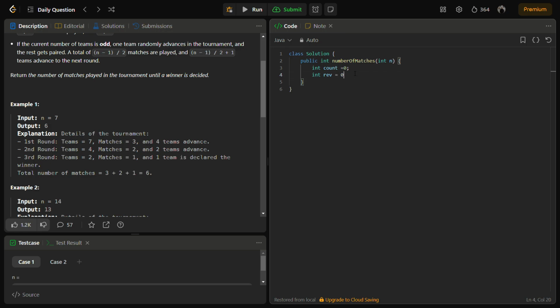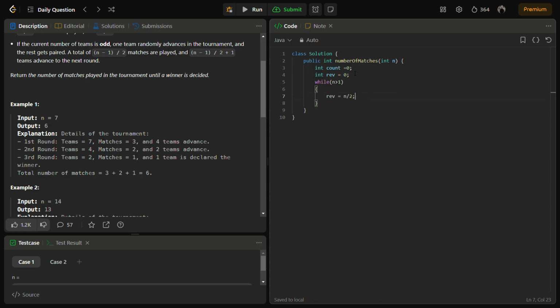Let's start with the code section. First of all, you will need a count to store the final answer, and one variable we would need is rem, the remaining matches. Till the time n is greater than 1, because we need one winner. As soon as we reach 1, that means we have one winner and we can quit.